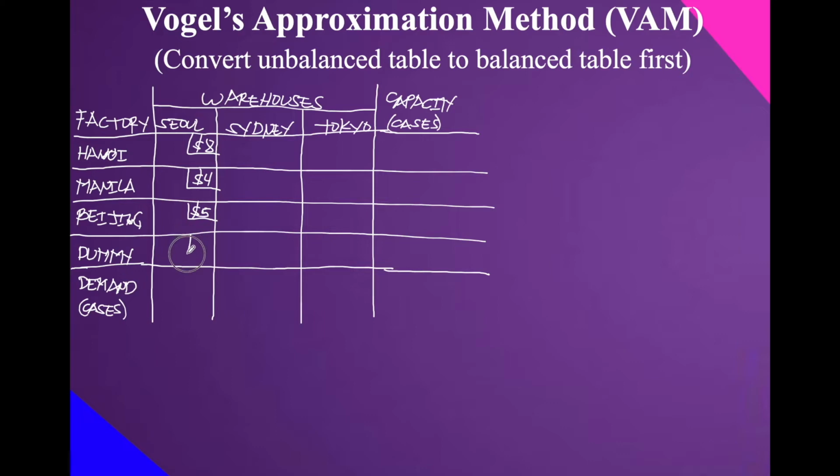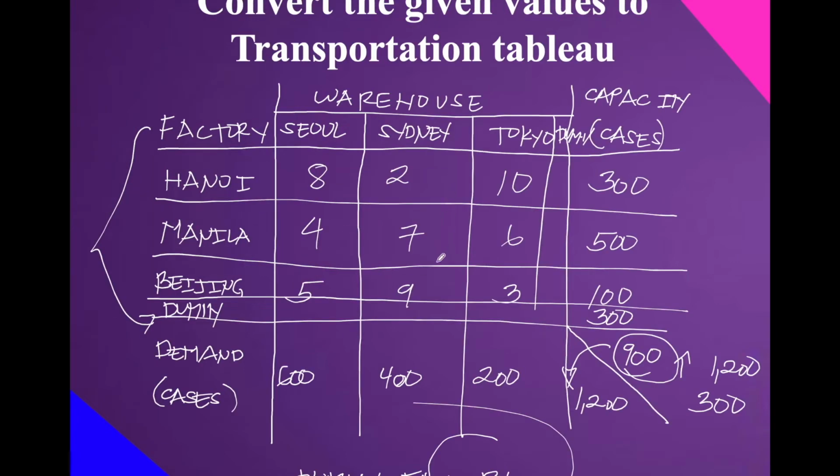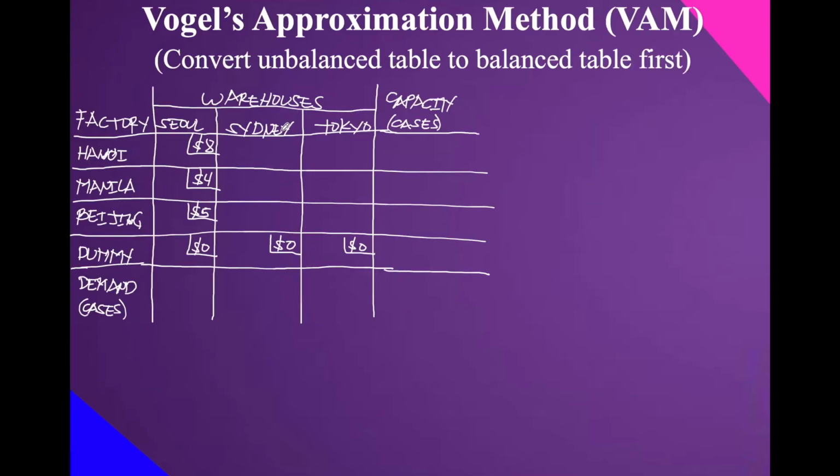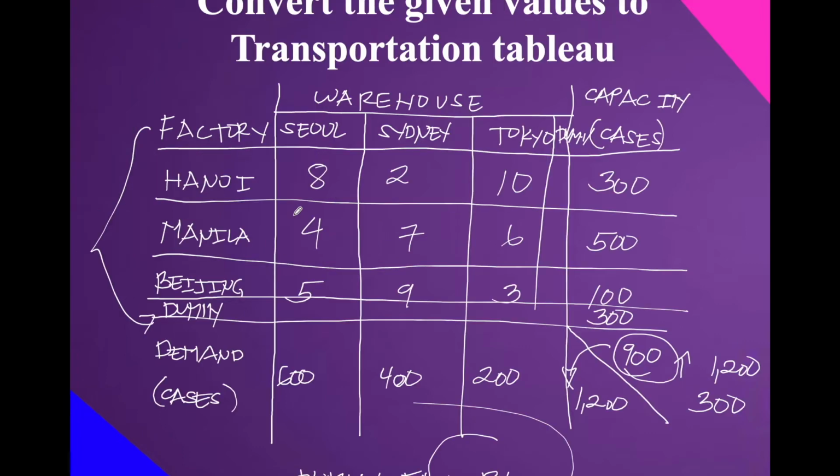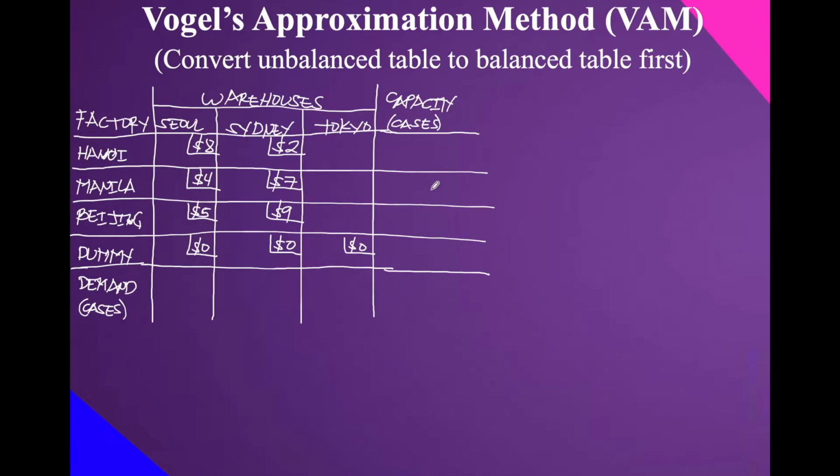Therefore, our cost will be 0, same for all warehouses. So for Sydney, we have 2, 7, and 9. For the Tokyo, we have 10, 6, and 3.